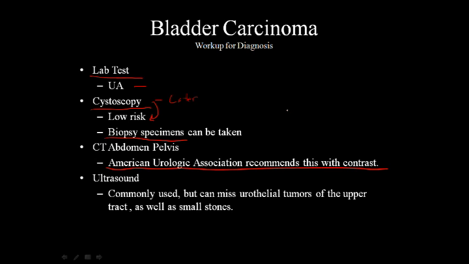With contrast, you're going to see a bladder mass sitting inside of the bladder. Lastly is ultrasound. It's commonly used but can miss urothelial tumors of the upper tract as well as small stones. So it has the potential to miss things, and you can't really see small stones. That's why CT has a tendency to be better utilized and more prevalent here.